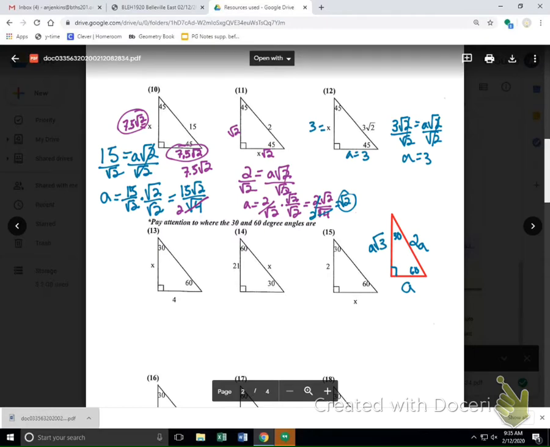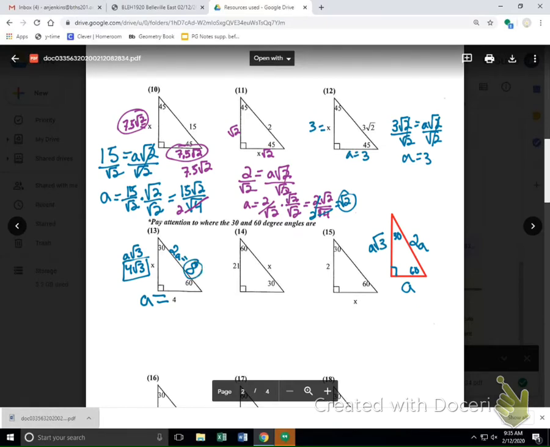So that means across from the 30's formula is just A. So that means that 4 is A. So to find the side across from the 60, that's going to be A square root of 3. So that's going to have to be 4 square root of 3. All we did was substitute in the A. To find my hypotenuse, it's going to be 2 times A. What will that have to be? What's 2 times 4? 8.